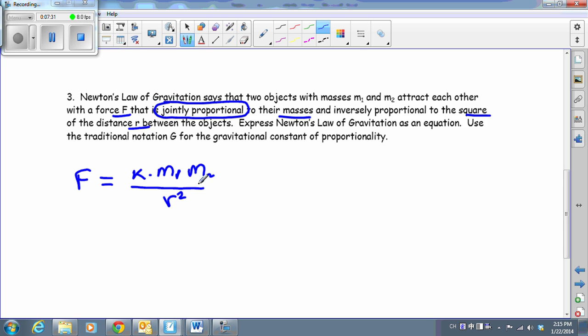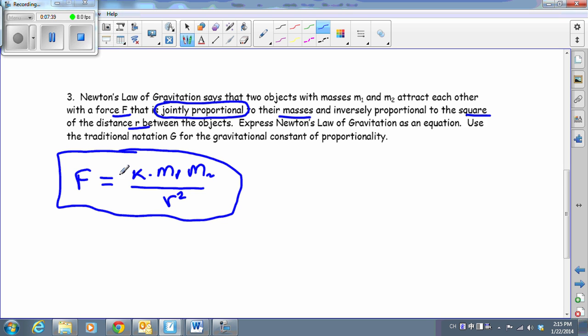From here, I already have the equation. The only problem is K. K here in this specific problem is the constant of variation. This is called the law of gravitation because in this law, instead of having K, we will have G. So I will write it as F equal G times M1 M2 over R squared.